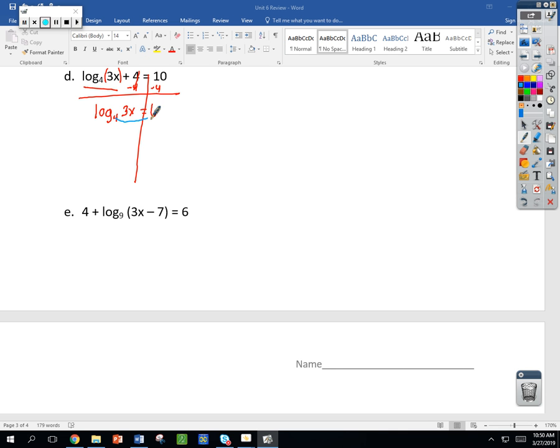And so when I rewrite something from a log to an exponential, I should no longer have the word log. That's why I did it. So now I'm going to rewrite and get 4 to the 6th power equals 3x. And 4 to the 6th power I'm going to type in my calculator. Divide both sides by 3.